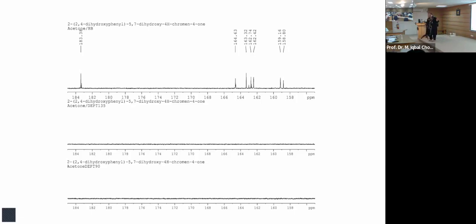And if we compare the remaining signals with DEPT 90, then we can get the information of CH3, right? And when we compare these two with broadband, we get the information of quaternary carbon.